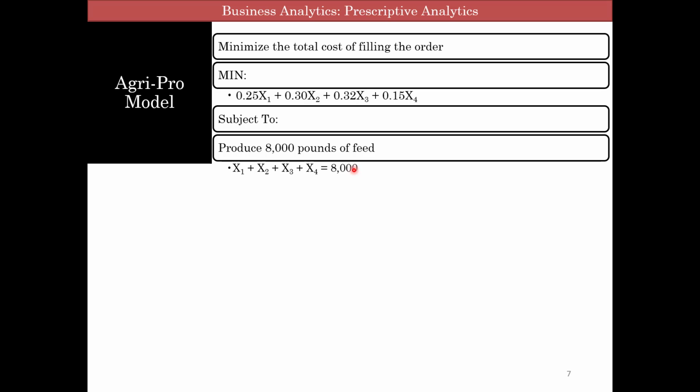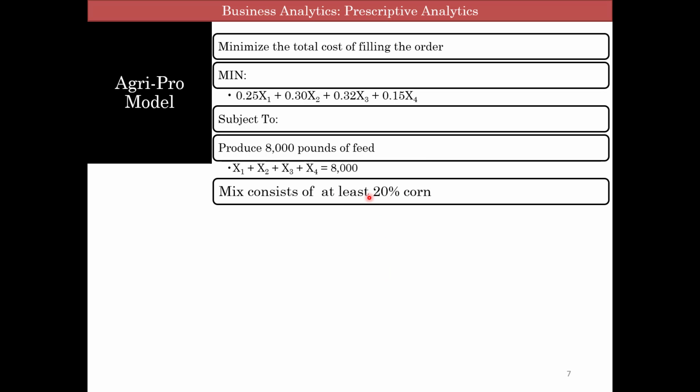In some ways, this is like your investments. Remember, when you had your investments problem, you had so much money, and you added up all the x's, and you got the amount of money you have. Now, you also know that the feed has to have at least 20% corn. So remember that each one of these mixes have some corn. So let's take an example, right? 20% of 8,000 is 1,600.